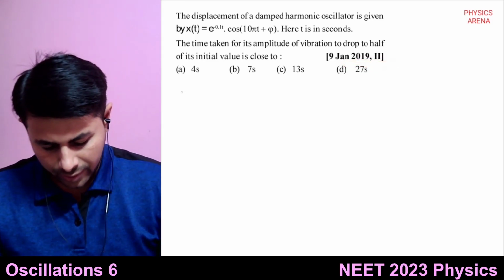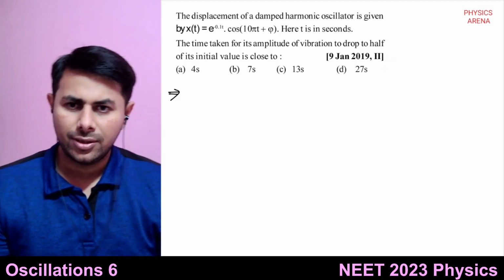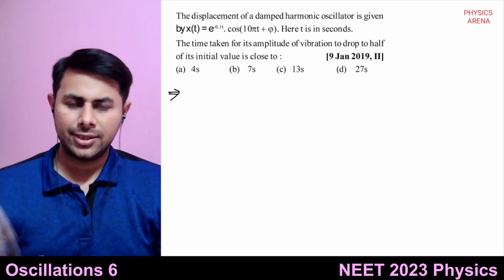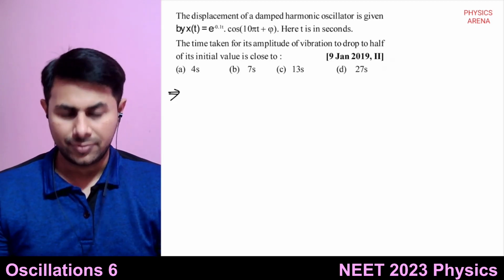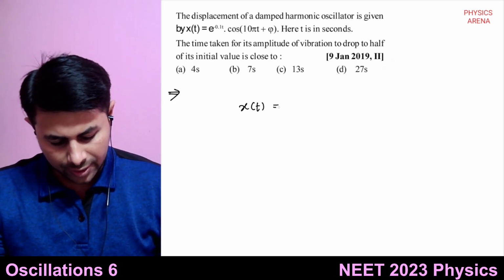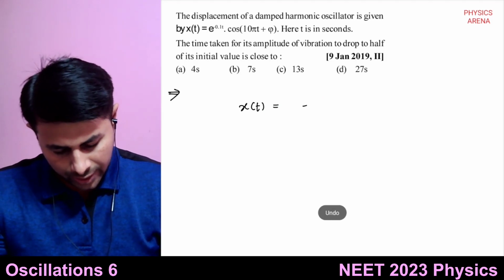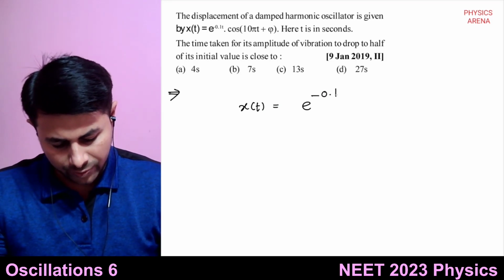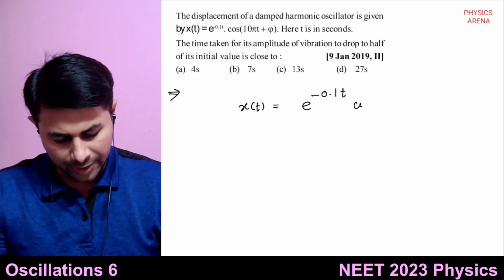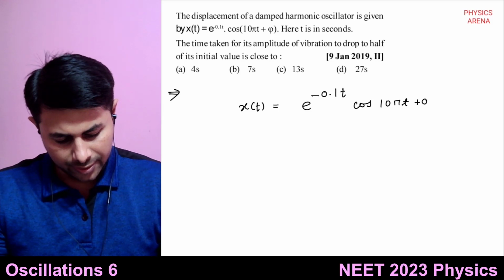Okay, it's a simple question. So this kind of question can be asked in NEET also. Right. So x of t is equal to x not, e raised to minus 0.1 t multiplied by cos of 2 pi t plus phi.